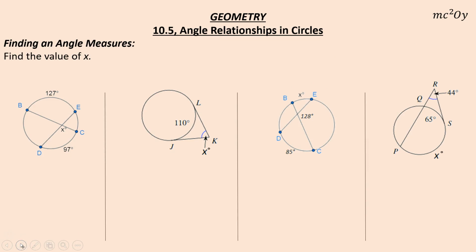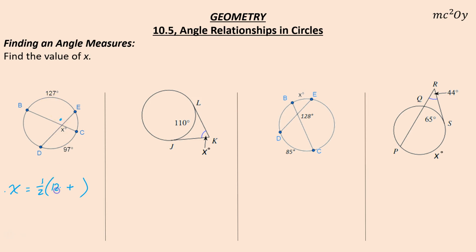Find the value of x. So the first thing you need to ask yourself when you're looking at these is, does it happen inside or outside? Okay, is the angle I'm looking for dealing with inside or outside? So in this case, it's inside. Inside means I'm taking 1/2 of a sum. So my angle, in this case x, is equal to 1/2 the sum of the intercepted arcs of it and its vertical angle.